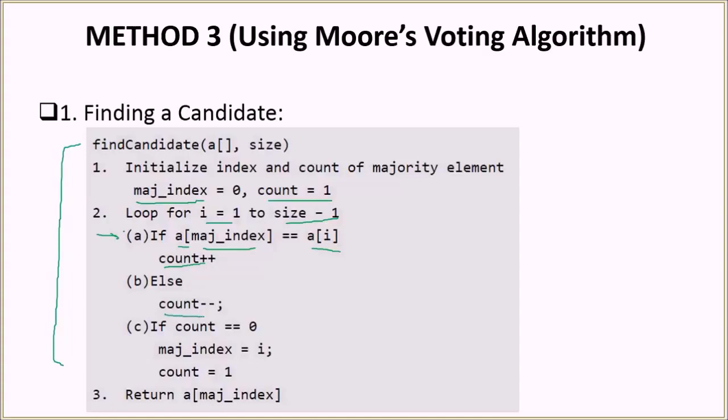That is the whole incrementing and decrementing thing which works here. Also, if at any point of time the count becomes 0, then we again initialize the majority index to the current index, and we also reset the count value to 1. In the end, we will be left with a candidate for being the majority element.